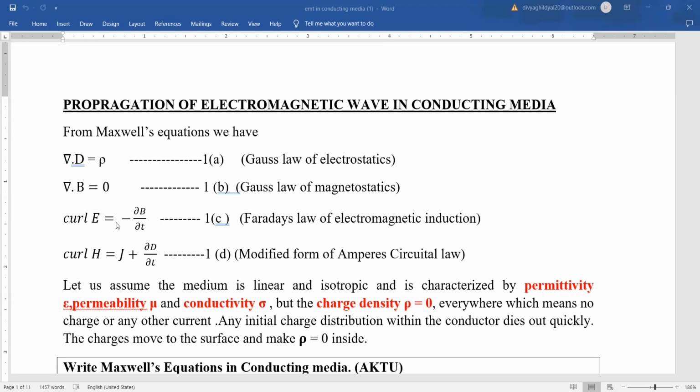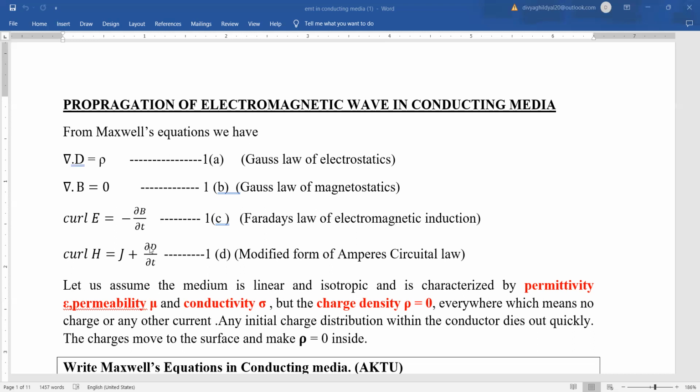The third, curl E is equal to minus del B by del T, coming from Faraday's law of electromagnetic induction. Curl H equal to J plus del D by del T, the modified form of Ampere's circuital law.